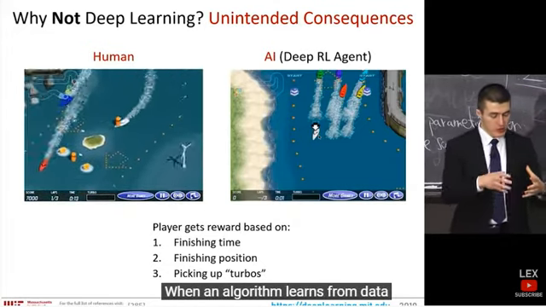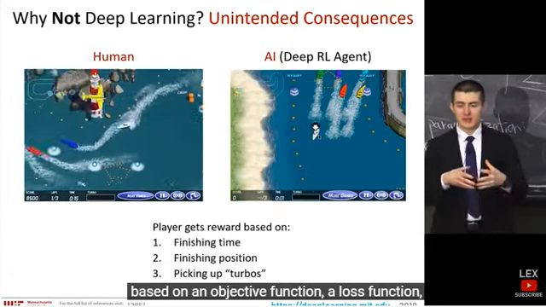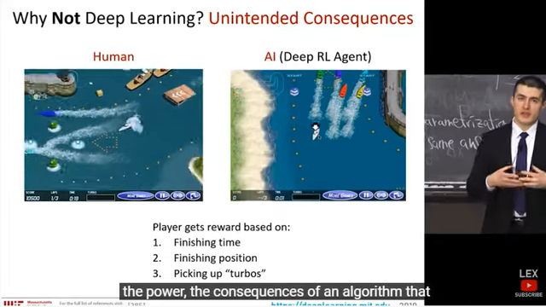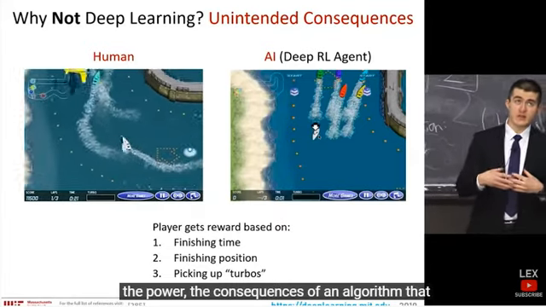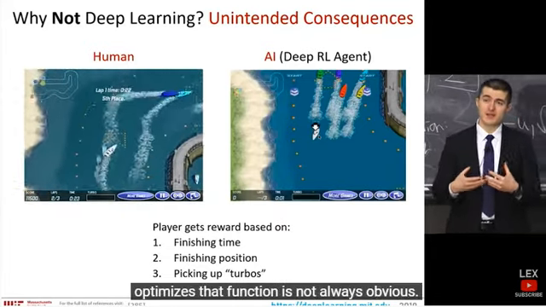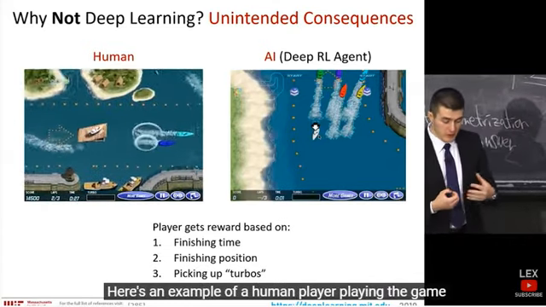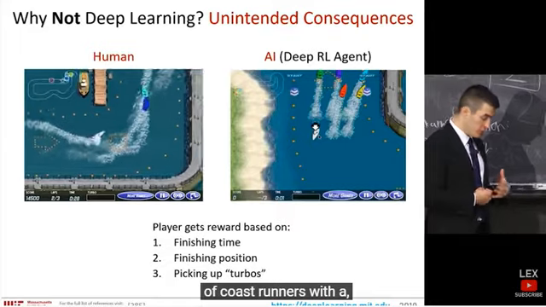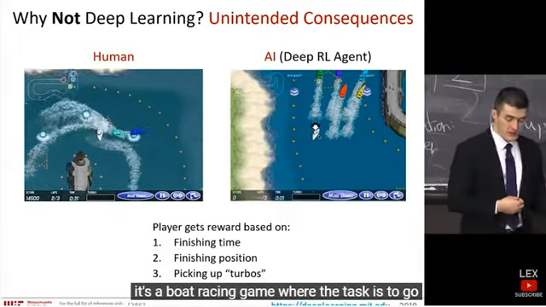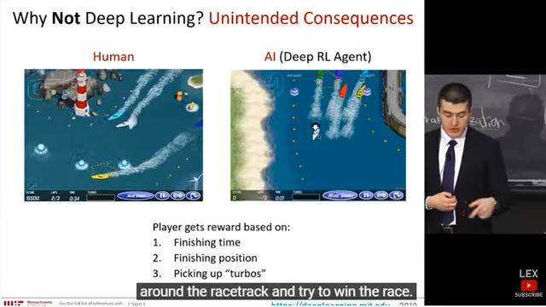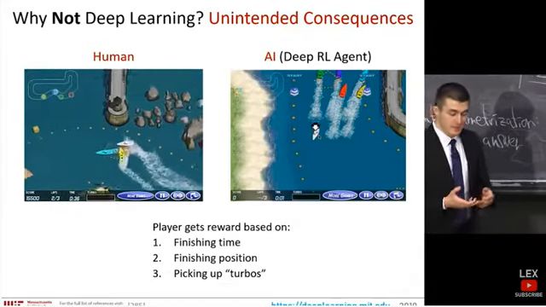When an algorithm learns from data based on an objective function, a loss function, the consequences of an algorithm that optimizes that function is not always obvious. Here's an example of a human player playing the game of Coast Runners, a boat racing game where the task is to go around the racetrack and try to win the race.